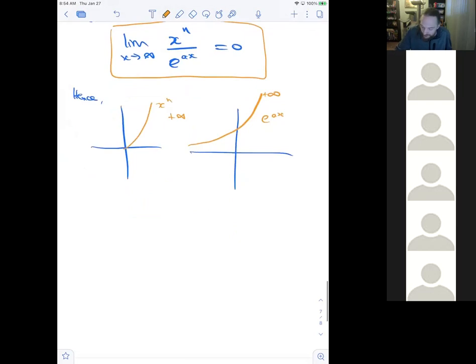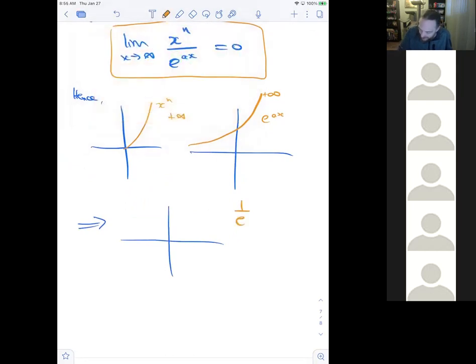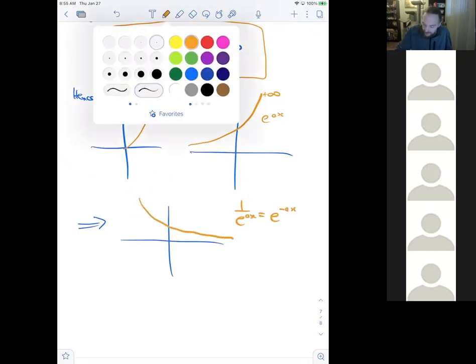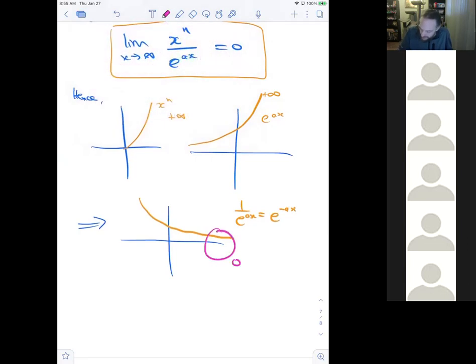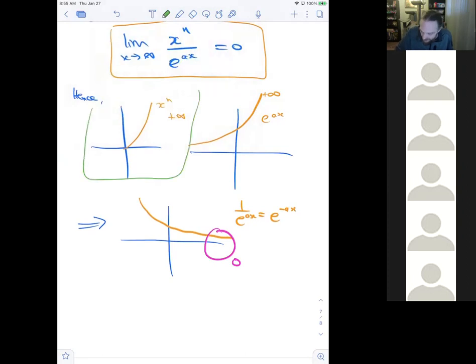If I do 1 over this guy, 1 over e to the ax is e to the negative ax, which will go to 0. And so what I have is a war between these two functions. We're comparing this one versus this one.